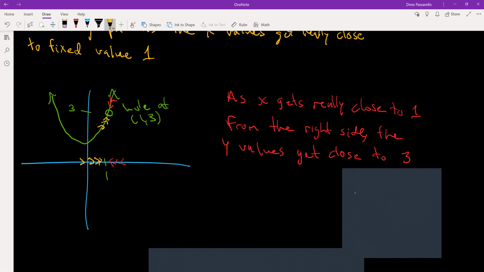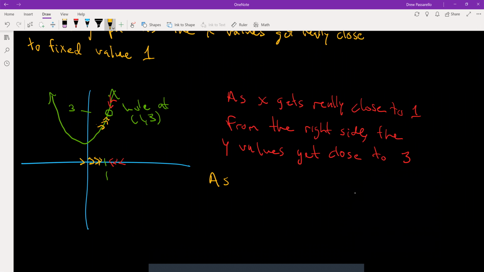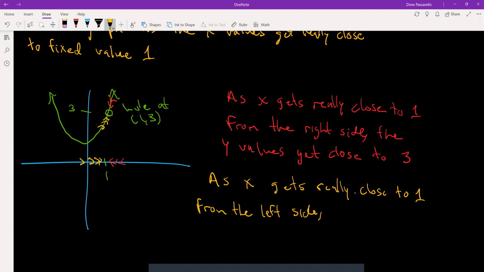All right, so as x gets really close to 1 from the left side, the y values of the graph get really close to 3. So, closer and closer to 3.